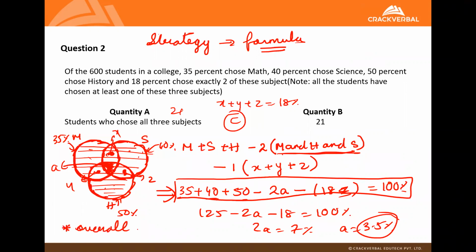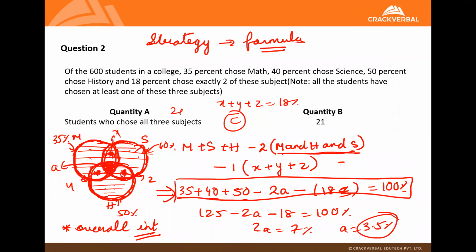So the takeaway from this question is, whenever you have a 3-set Venn diagram, and whenever a question asks you about the overall intersection and gives you information about these 2 intersections, it's always better to think of using the strategy of the areas of the entire figure, right? Take the entire first circle, add it to the second, add it to the third, subtract 2 times the intersection because you considered it thrice, and subtract these intersections because you considered it twice.